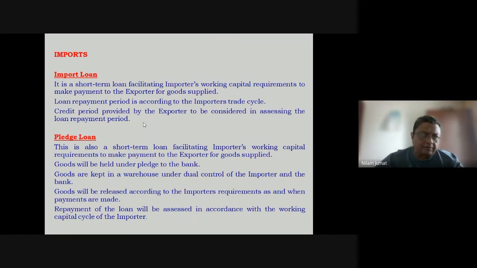They sell it, local or even export, they get the money, then they want to manufacture again, so they come and pay. So when importers order in bulk at a good price, they can't dispose of it immediately. They take a pledge loan from the bank, lock the goods up, and as and when they pay, the bank releases. That is how a pledge loan works, right?